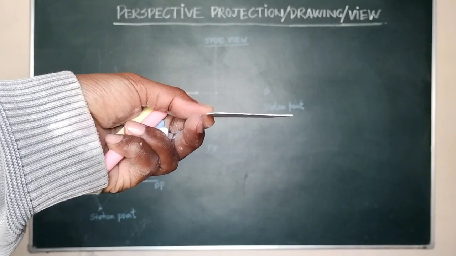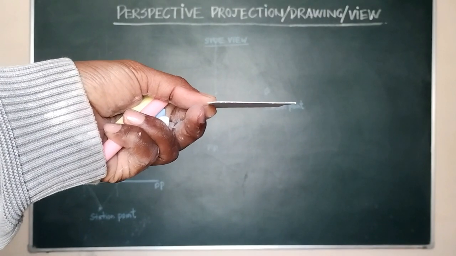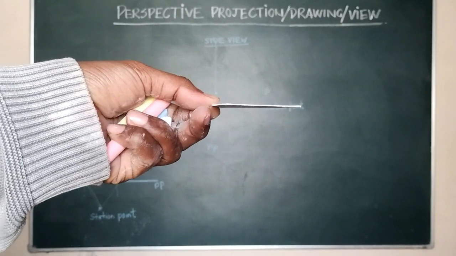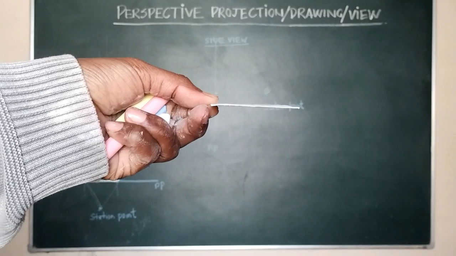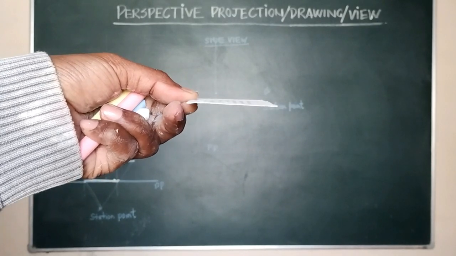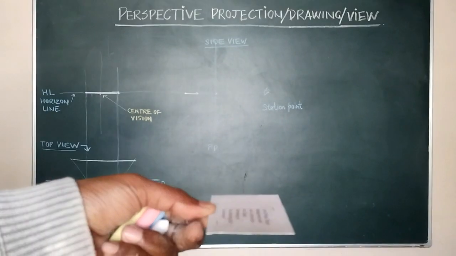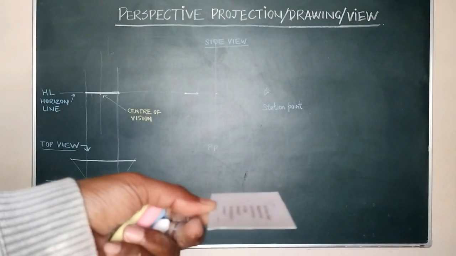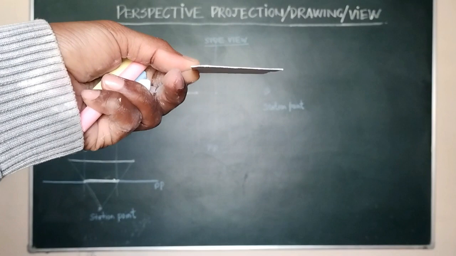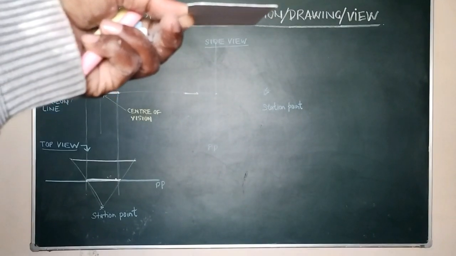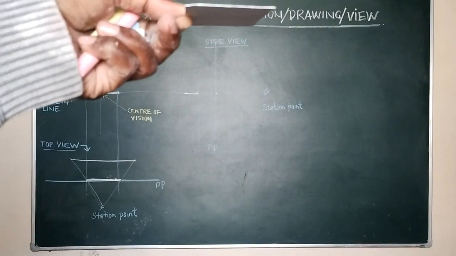Now let's take the third case. In third case, I will keep this object perfectly horizontal but not at the eye level. I am moving this object away from the horizon line, either this way, or I can move the object a little bit up from the horizon line.